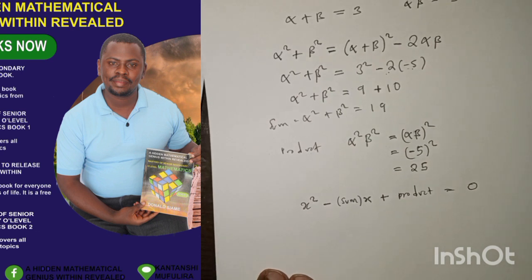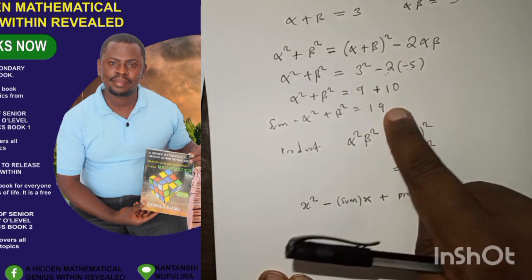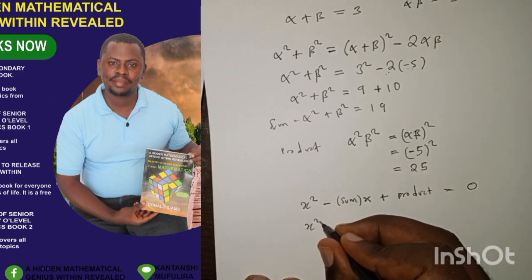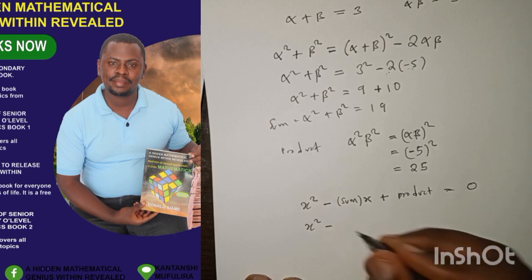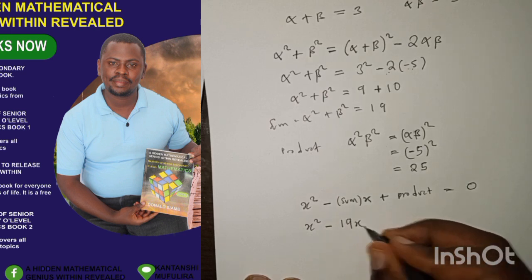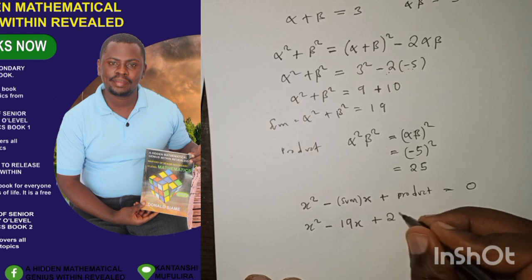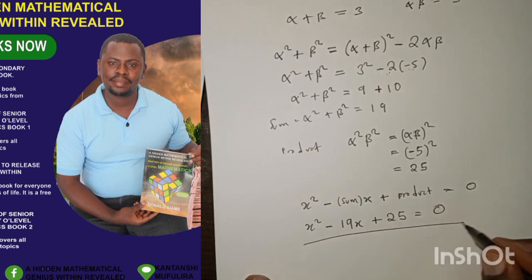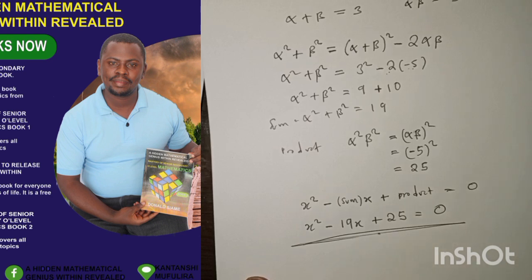So you just substitute. Where there is sum, you put 19, and where there is product, we put 25. So we are going to have x squared minus 19x plus 25. So this is our new quadratic equation with roots alpha squared and beta squared.